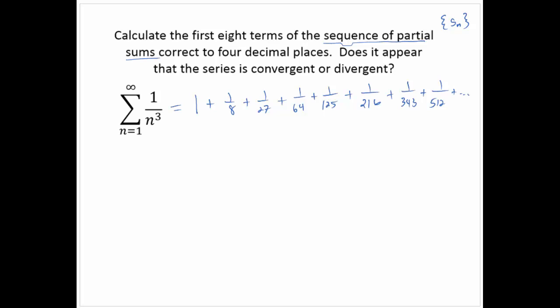Now we want the sequence of partial sums. S sub 1 would be just 1. That's the first partial sum of this series. S sub 2 would be 1 plus 1/8, which is 1.125. S sub 3 would be 1 plus 1/8 plus 1/27, which is about 1.1620.